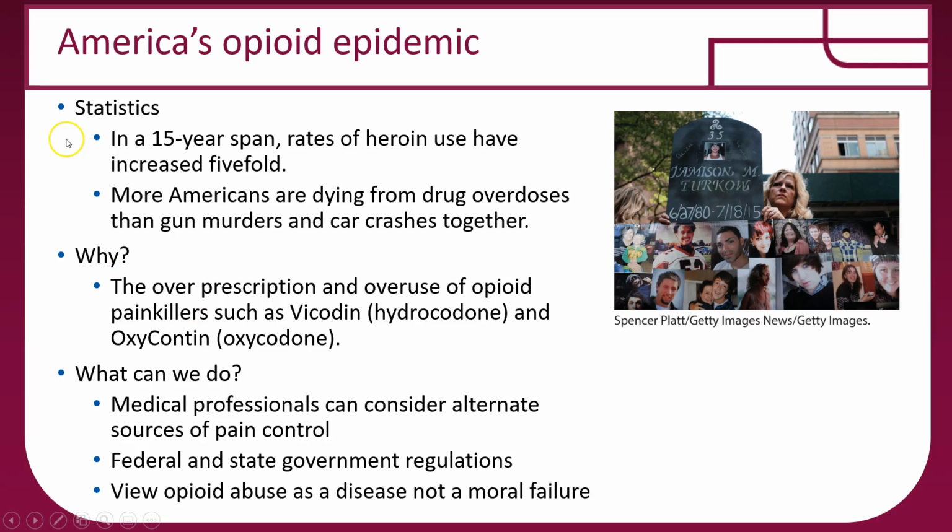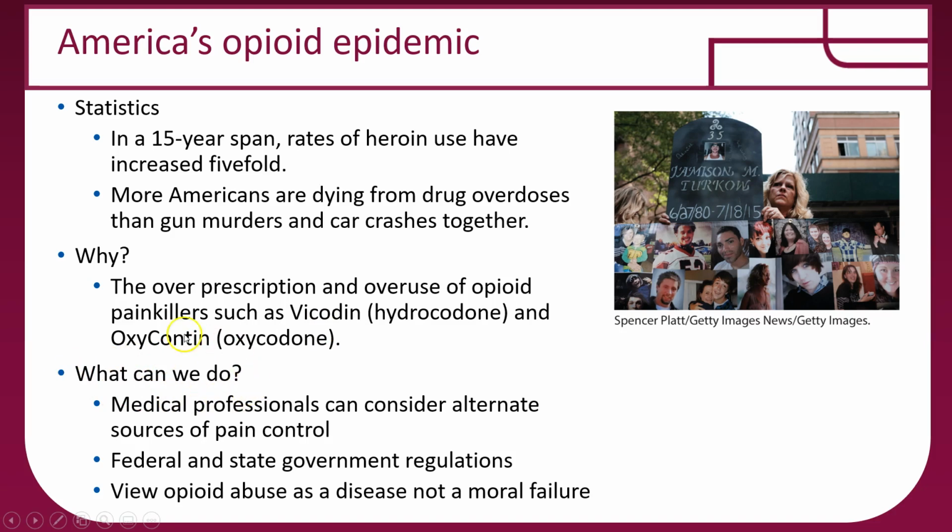And of course, most of you have probably heard about the opioid epidemic here in our country. Heroin rates have increased fivefold. More Americans are dying from drug overdoses than gun murders and car crashes together, often due to the overprescription and overuse of opioid painkillers like Vicodin and OxyContin.